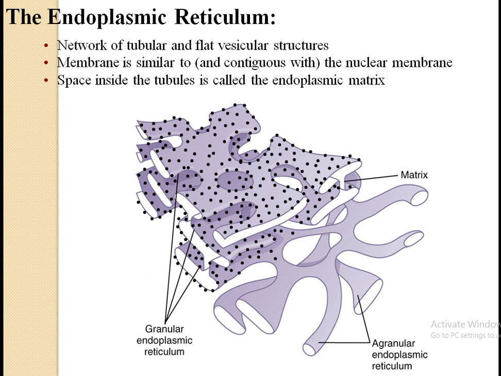Its membrane is similar to the nuclear membrane and it has space inside the tubules, which is called the endoplasmic matrix. This space has a watery medium that is different from the fluid in the cytosol outside the endoplasmic reticulum.